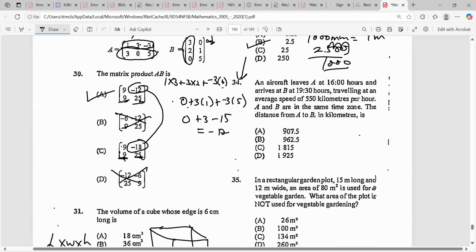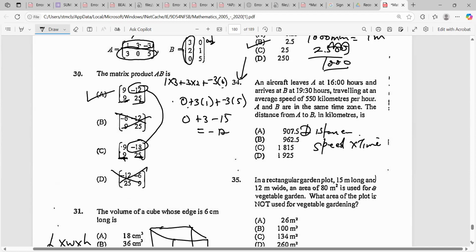An aircraft leaves A at 1600 hours and arrives at 1930 hours, traveling at an average speed of 550 kilometers per hour. A and B are in the same time zone. The distance from A to B is, remember we just said it a while ago, right? Distance would be speed times time.